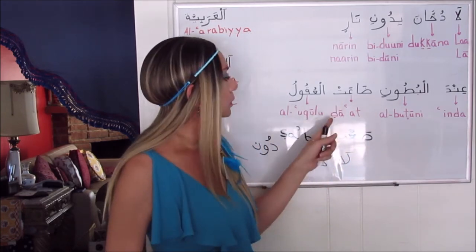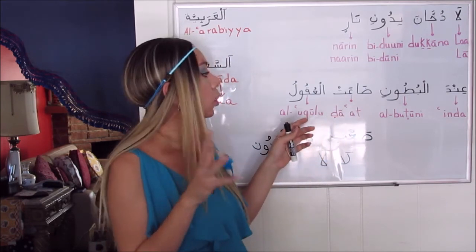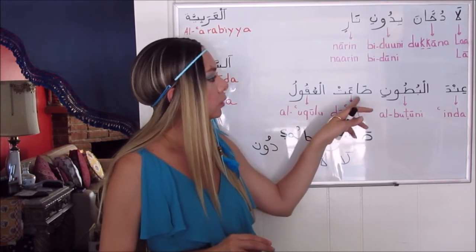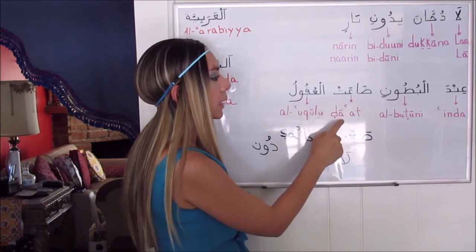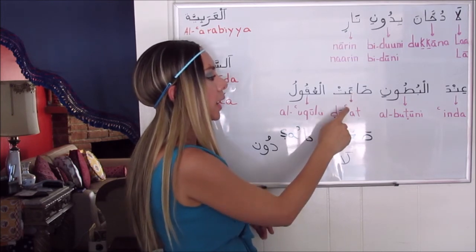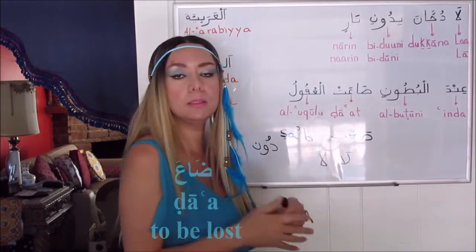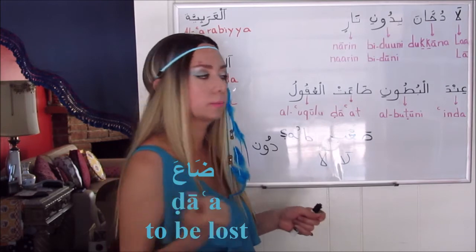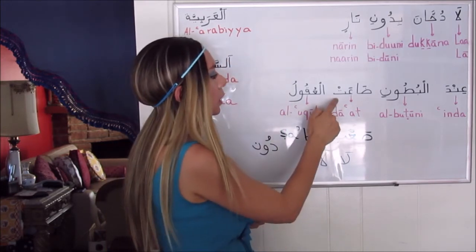Da'at. Da, we have the emphatic sound of D. That's why it is dotted. And we have a long vowel fatha. So we have an overlined A, plus the Ain, followed by a fatha and the Ta, da'at. Da'a means to be lost, in the imperfect, third person singular, feminine.